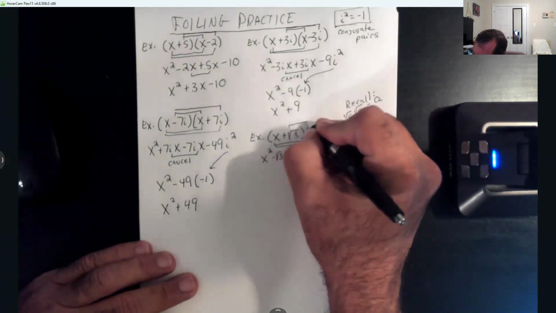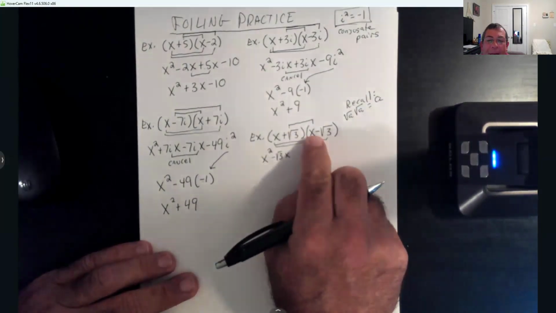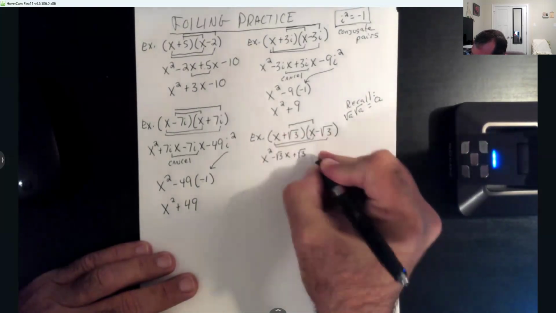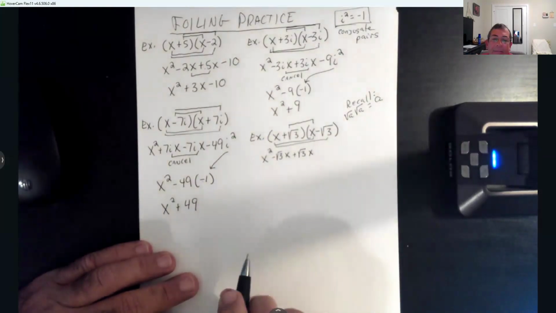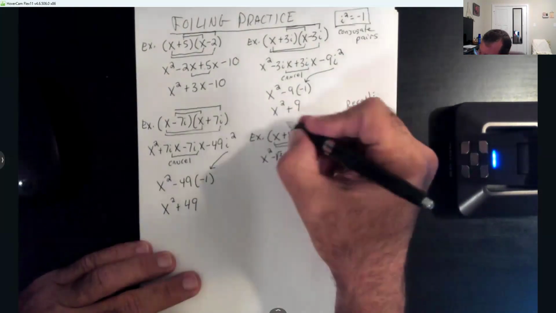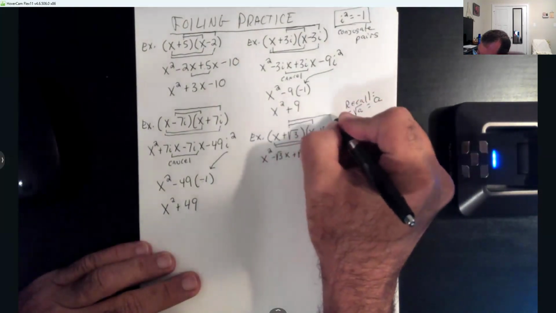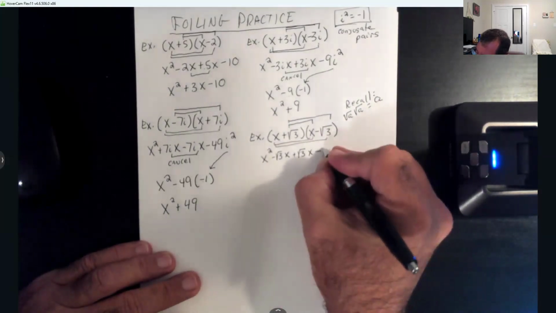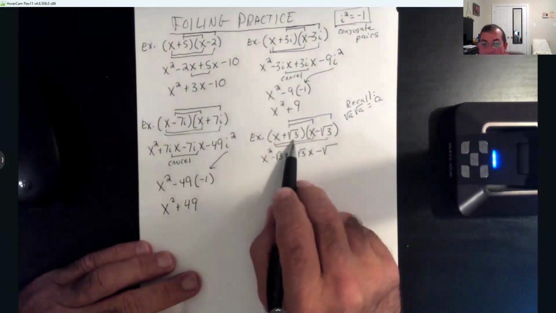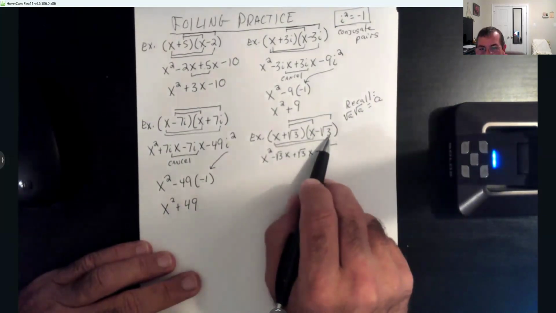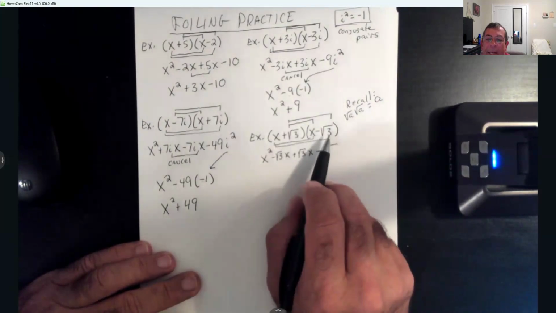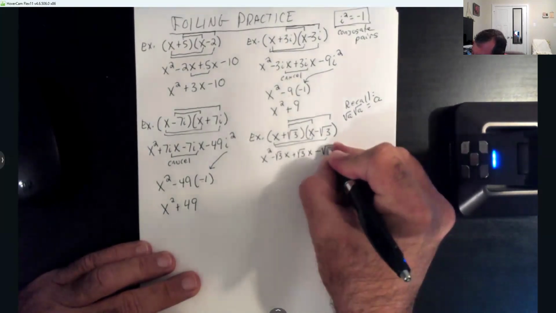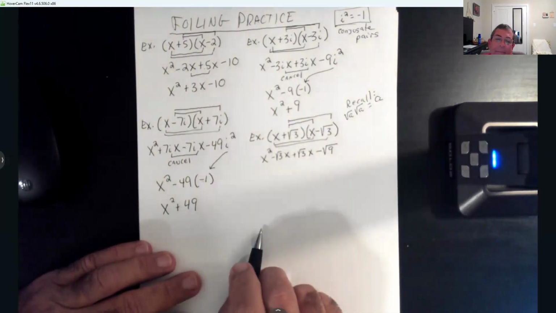All right, same thing here. Square root of 3 times x is a positive square root of 3 times x. And watch this one. Plus times a minus makes that a minus square root. Now this 3 is underneath, this 3 is underneath. So technically I can multiply them. 3 times 3 is 9.